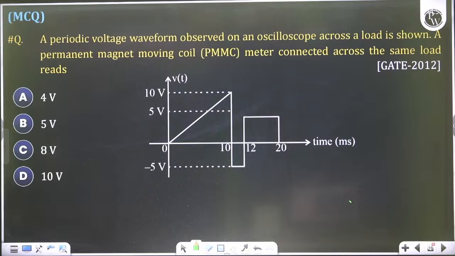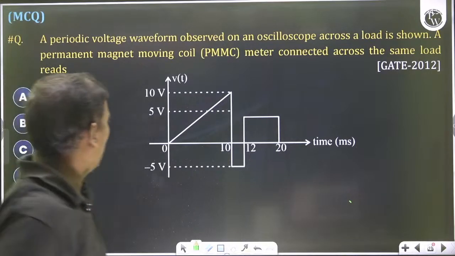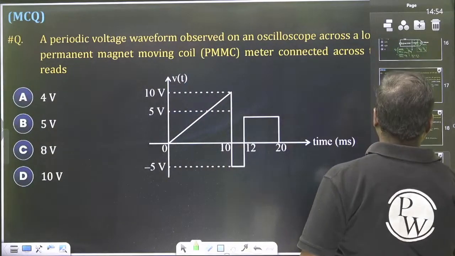What is the average value? So we have to know the average value, right?